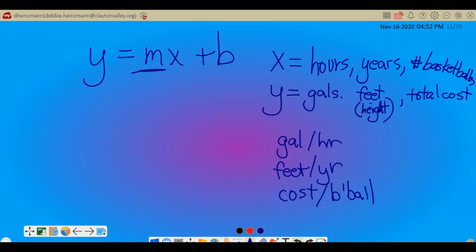Okay? So when you have a situation where you are comparing two quantities that are completely different, this is when you're going to use slope-intercept form of a line.